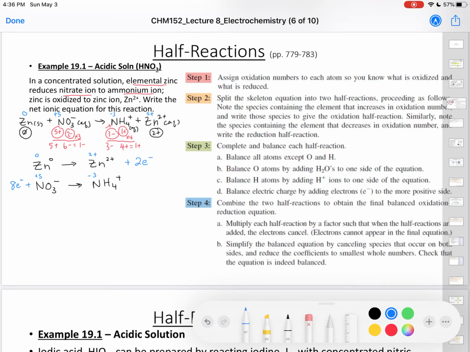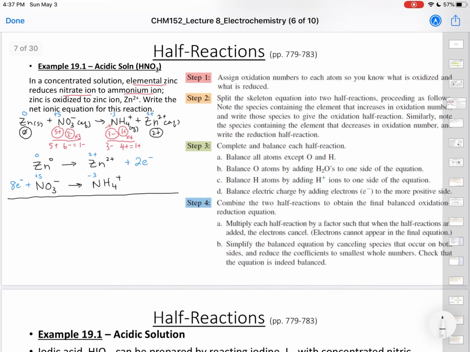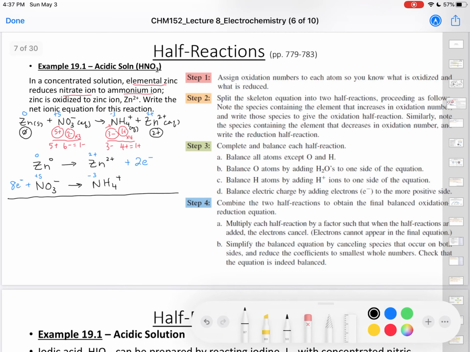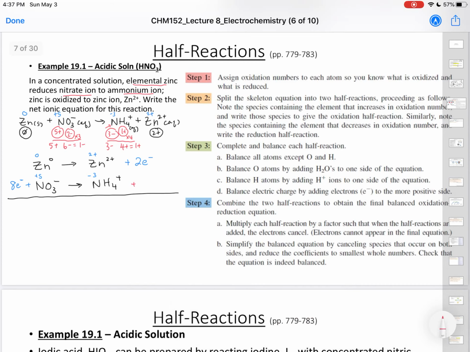Okay? Next, we need to consider the hydrogen and oxygen count. So let's look at that real quick. In the zinc equation, there is no hydrogen and nitrogen, so you don't need to worry about it. But in this particular case, there are 3 oxygens on the left, so you need to add 3 waters.